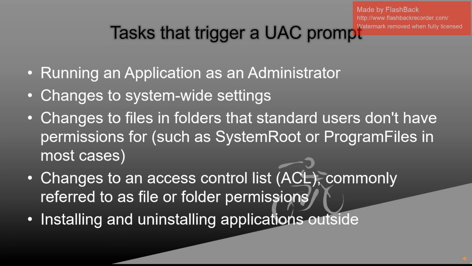Changes to files and folders that standard users don't have permission for, such as system root or program files in most cases. Changes to an access control list, which is ACL, commonly referred to as file or folder permissions, and then installing and uninstalling applications.